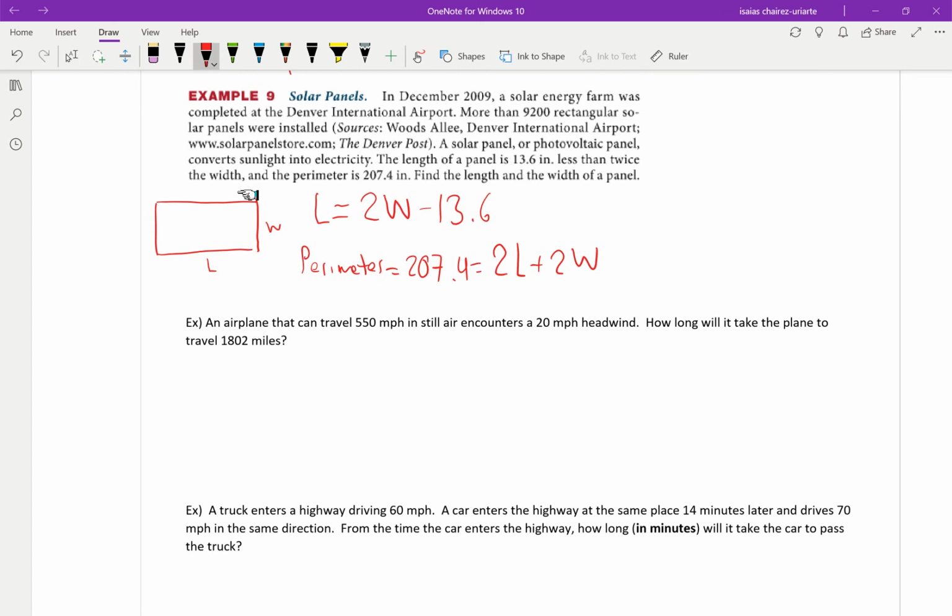Hopefully we agree on that statement about perimeter. Now I have these two equations. Both of them involve the variables L and W.